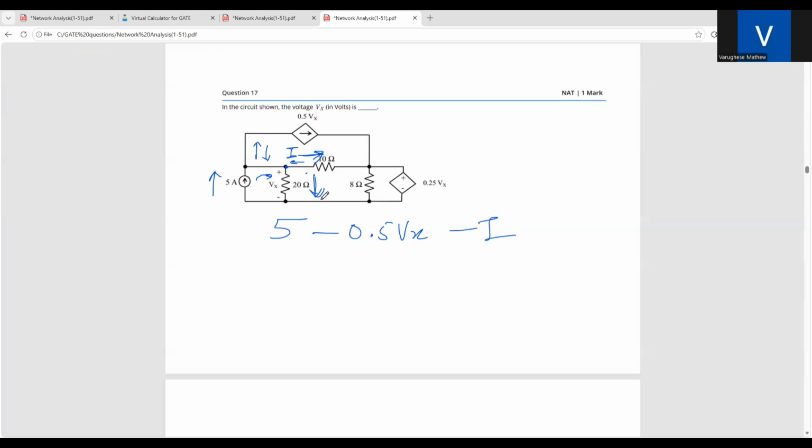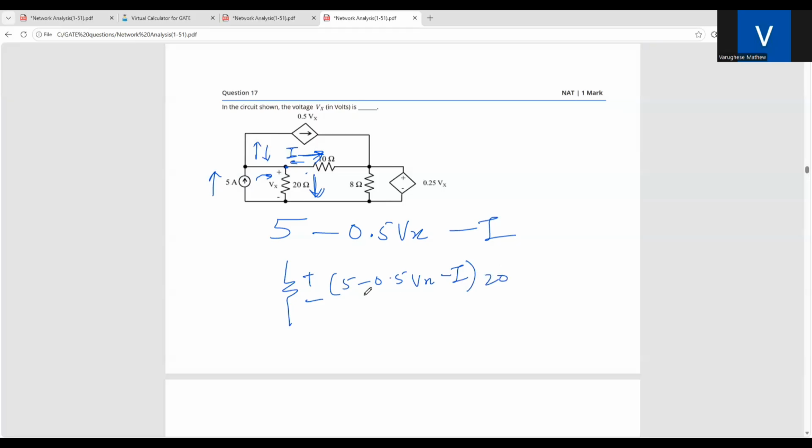So that into 20 is this drop: 5 minus 0.5 Vx minus I, into 20, is this drop.